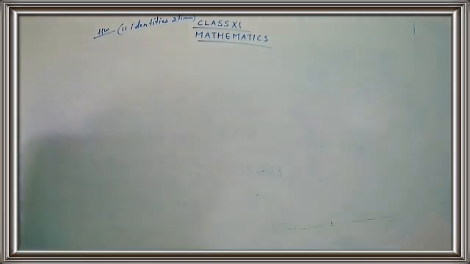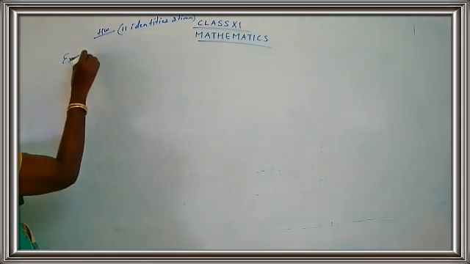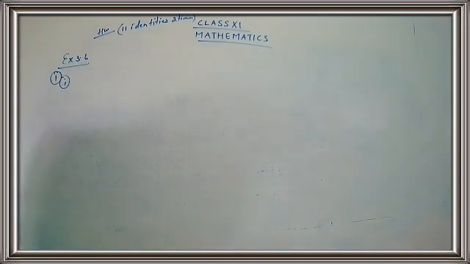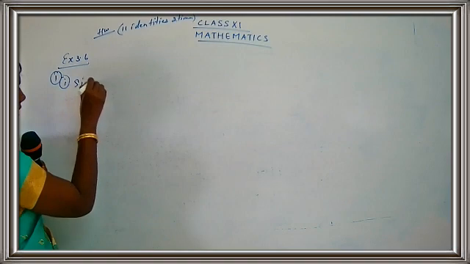Have you taken down the question, children? From exercise 3.6, I'm going to do the first question, the first subpart. It's sine 35 degree cos 28 degree.